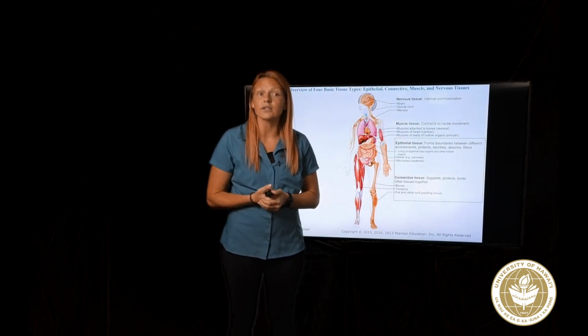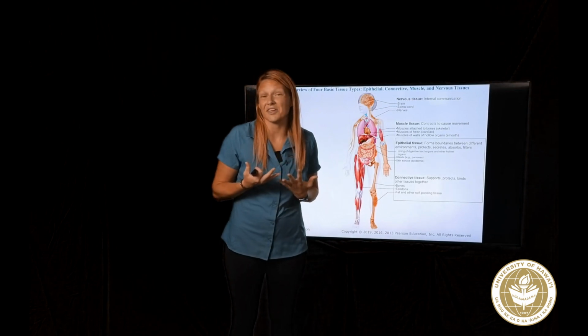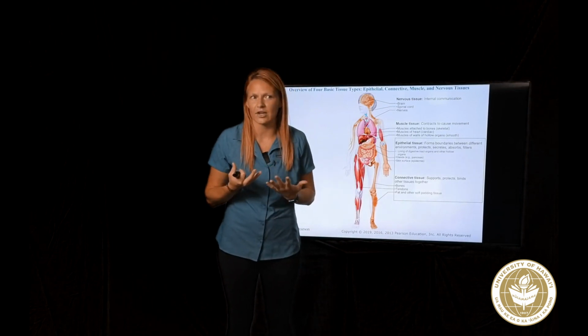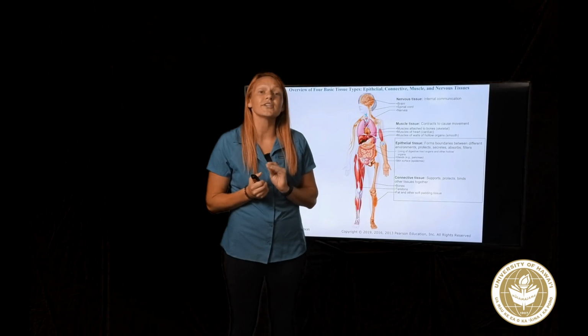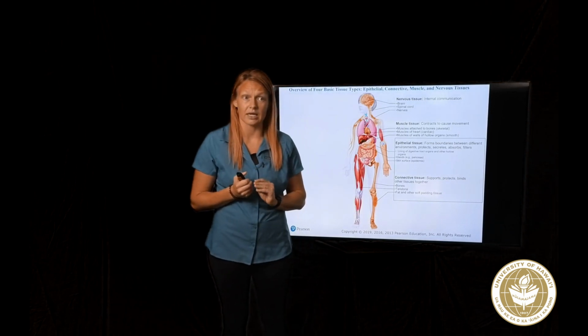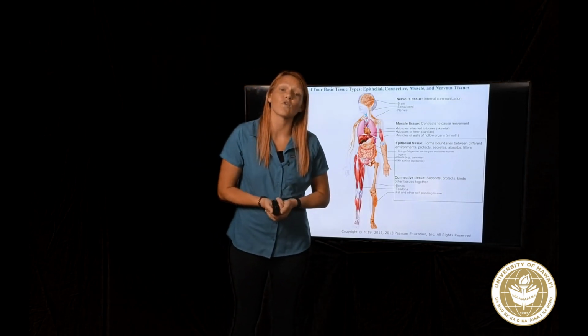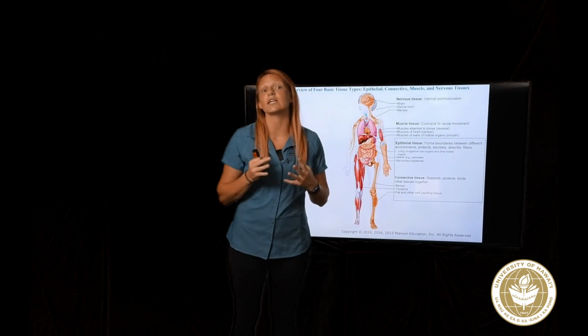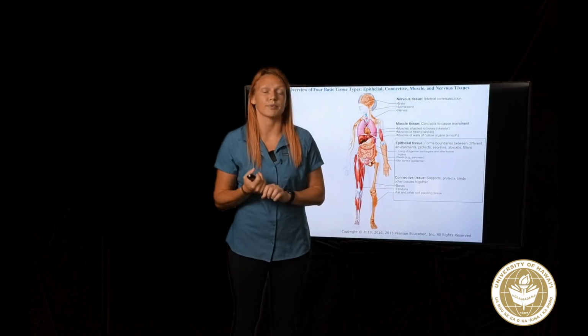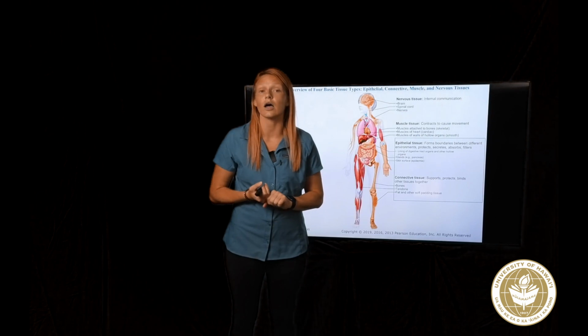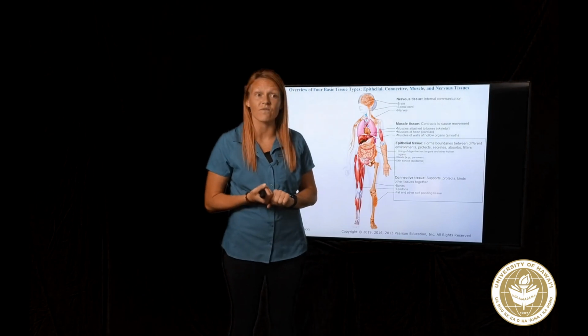So the epithelial tissue, when you think about epithelium, I always think about skin, right? But epithelial tissue is not just our skin. Epithelial tissue is going to form boundaries between different environments. So it's going to protect, secrete, absorb, and filter.